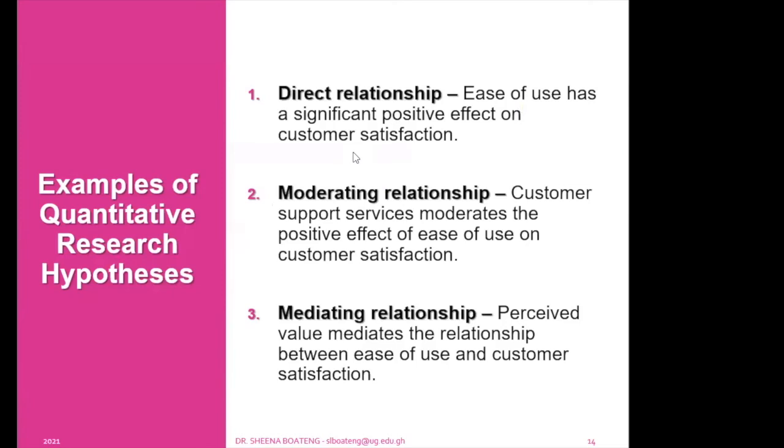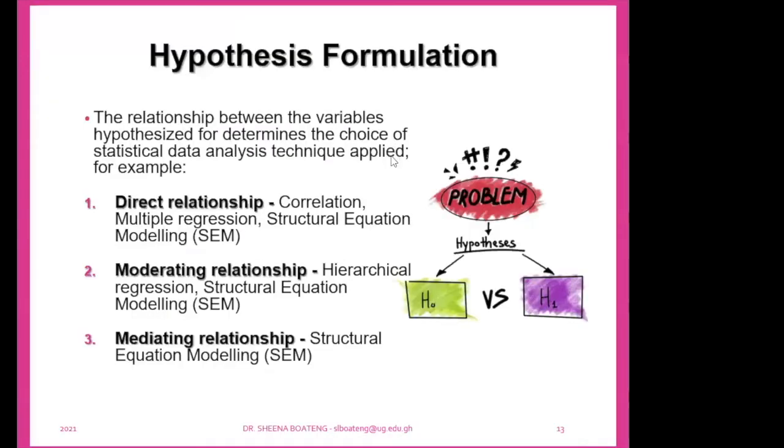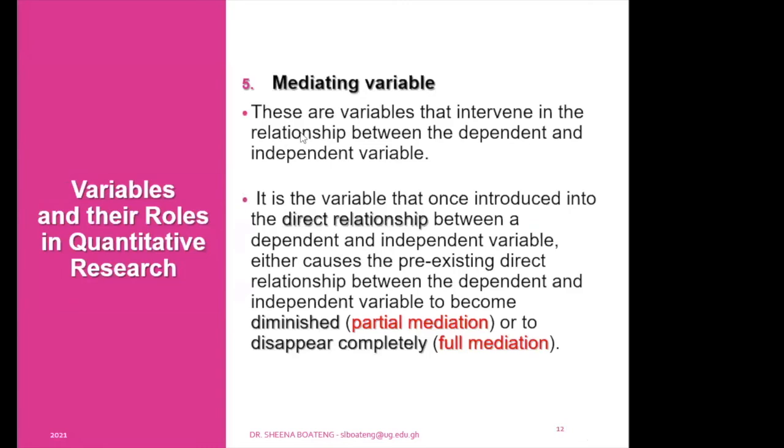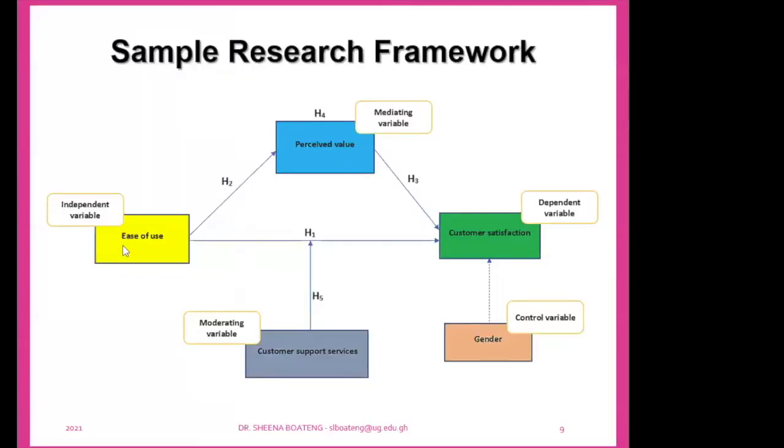Here we are talking about the dependent and independent variable in one breath, and that is what we call a direct relationship. When you look at the framework, do you see ease of use is directly influencing customer satisfaction? Can we see that? Yes, madam. Good, because the arrow is pointing directly from ease of use to customer satisfaction. That's what we call a direct relationship, and we can hypothesize for that.